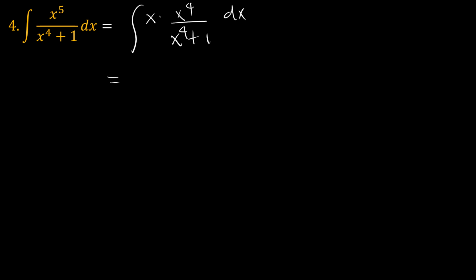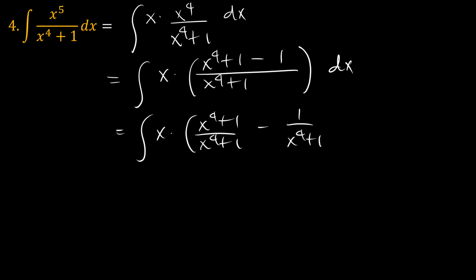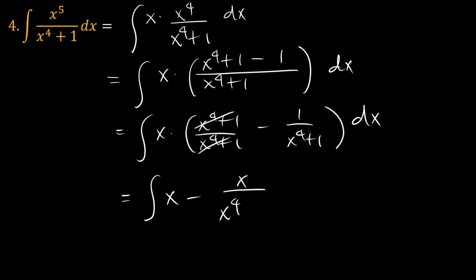And what that allows me to do is I'll say, okay, we can have this as x times x to the 4 plus 1 minus 1 over x to the 4 plus 1, which is x times x to the 4 plus 1 over x to the 4 plus 1 minus 1 over x to the 4 plus 1. So you see this and that cancel, so now we have x minus x over x to the 4 plus 1.